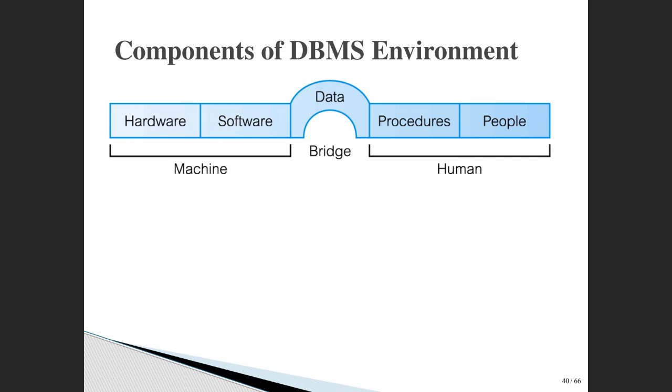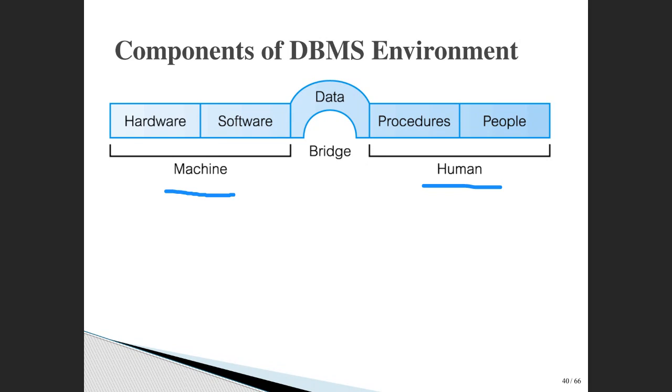There are two main categories. One is the machine here on the left side, and the other one is human. So the machine will be hardware and software. Hardware, what does it mean? Hardware means any physical device, any physical part of the database system.